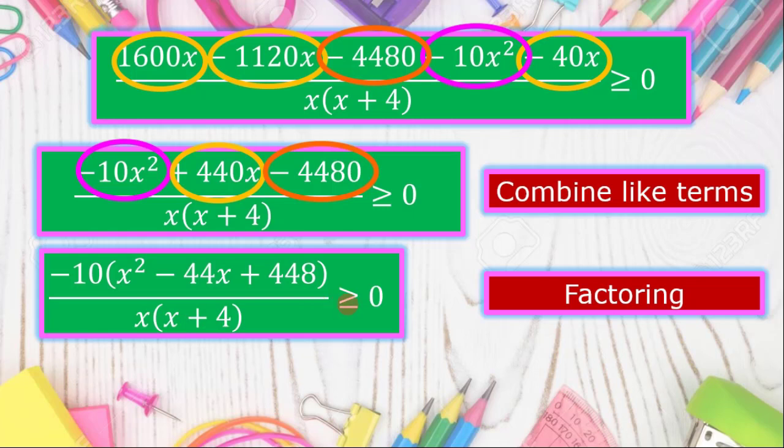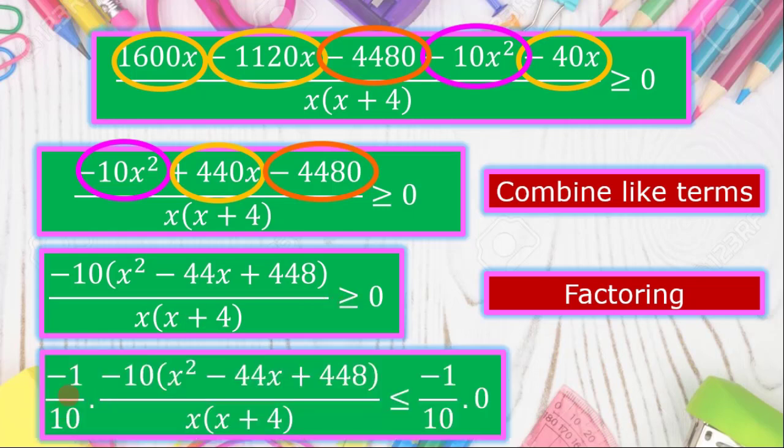or equal to 0. Then we have negative 1 over 10 multiplied to each side of the inequality. Why do we need to do that? Because we need to eliminate the negative 10 in this expression. So multiplying by a negative number will change the sign of the inequality. So take note, this is greater than or equal to.